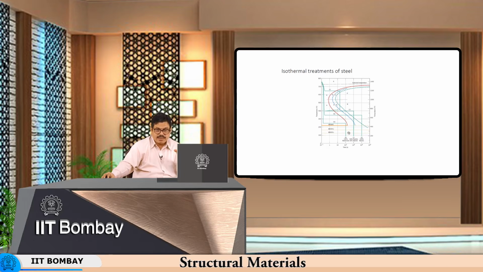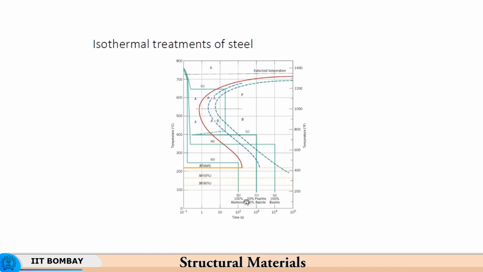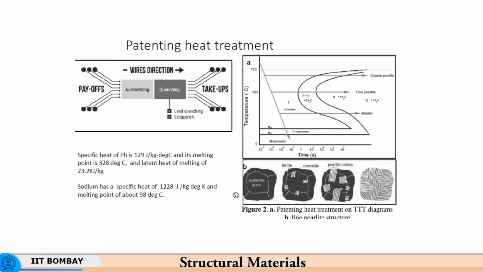Yes, tensile stresses will still get set up, but the magnitude will be much smaller compared to what it would have been if this had fallen further down into the martensite start, martensite finish range. So, between martensite start and martensite finish, at different temperatures you have transformation to different extents of martensite. Here, for example, you have martensite finish and you have 100% martensite being formed over here.